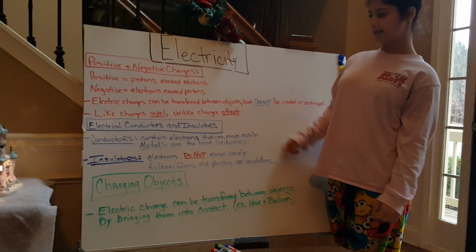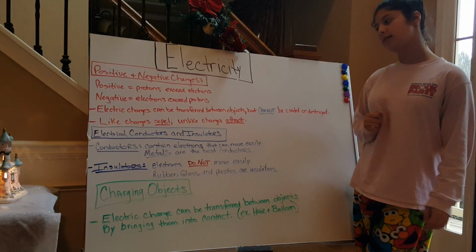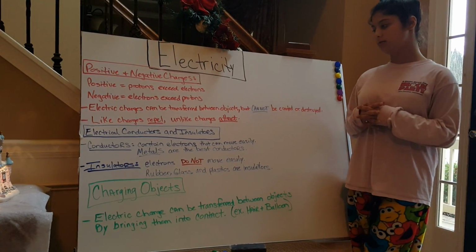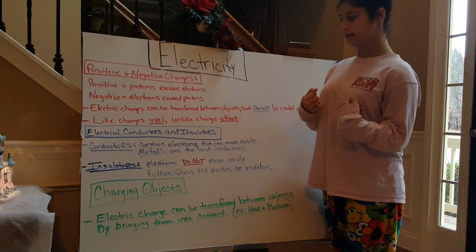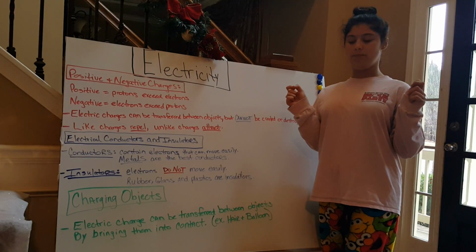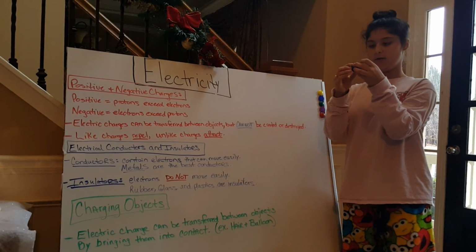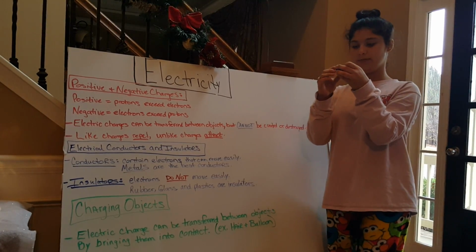Alright, and then the next thing is, like charges repel, unlike charges attract, which means if you put two positive magnets together, like so, they're going to repel each other if you move them side by side.